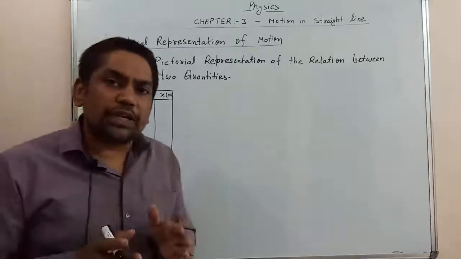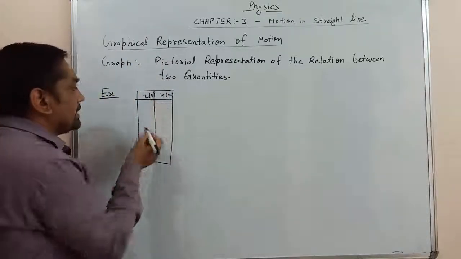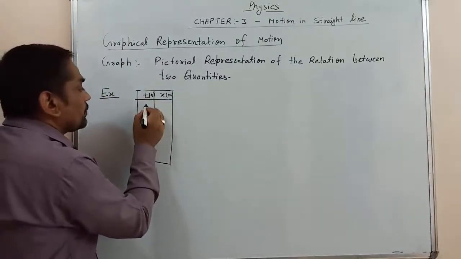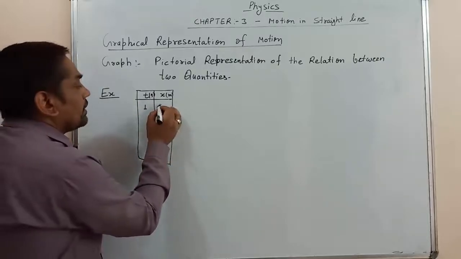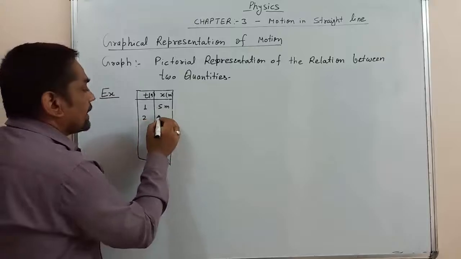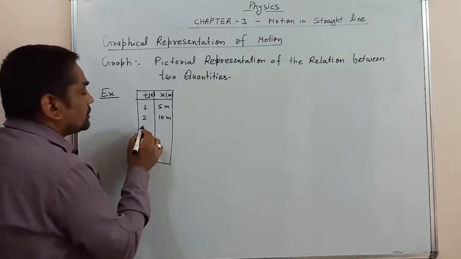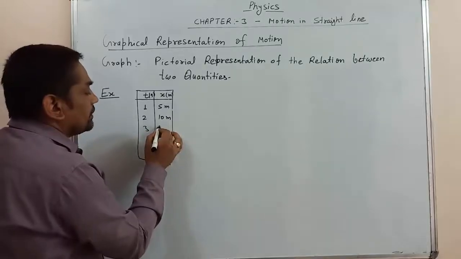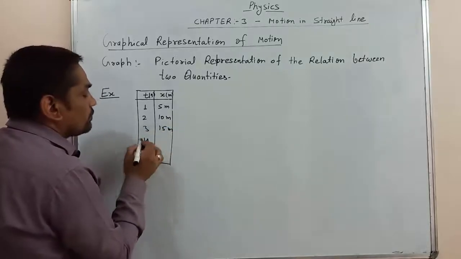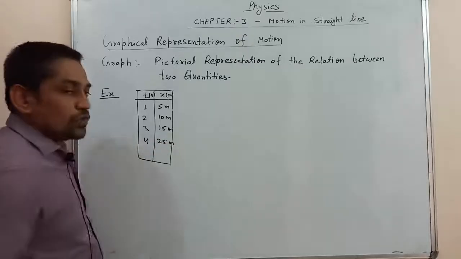Suppose an object is moving on a straight road and the motion is represented in the form of a table. After 1 second the object covers 5 meters, and after 2 seconds it covers 10 meters. After 3 seconds it covers 15 meters, and after 4 seconds it covers 25 meters. After 5 seconds it goes to 10 meters.